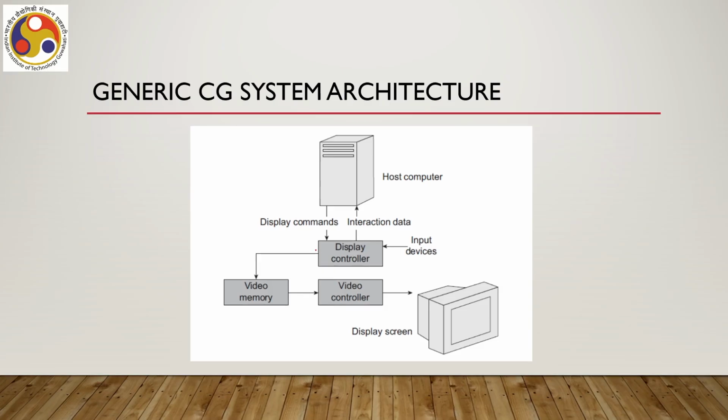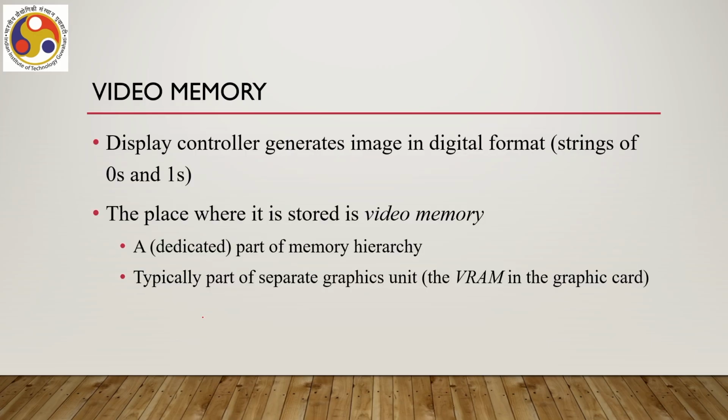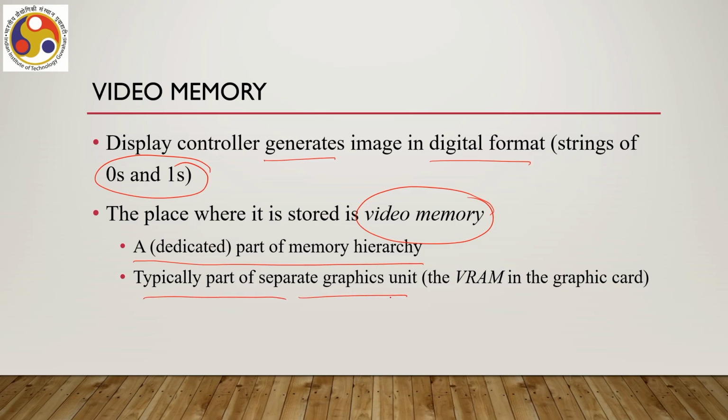Then comes the second part. We talked about the display controller, then we have video memory. Let us see what this is. The display controller generates the image in digital format, strings of zeros and ones. Remember that a computer can only understand zeros and ones, and that is what the display controller outputs, some representation of the image. The place where it is stored is called the video memory, which is a dedicated part of the overall memory hierarchy of the computer, and typically part of the separate graphics unit.